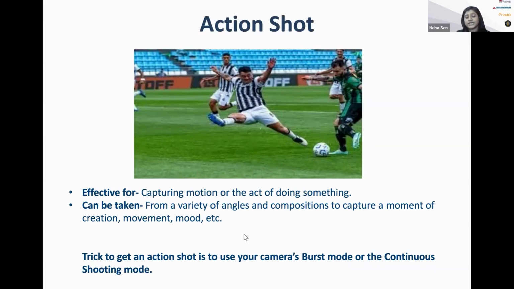The trick to getting a good action shot is to put your camera in burst mode or continuous shooting mode. Most iPhones have this feature in either the settings section or, I think, the capture section. Take a look and you can do that. You can get multiple images, and from there you can filter the action shot that you're keen on.